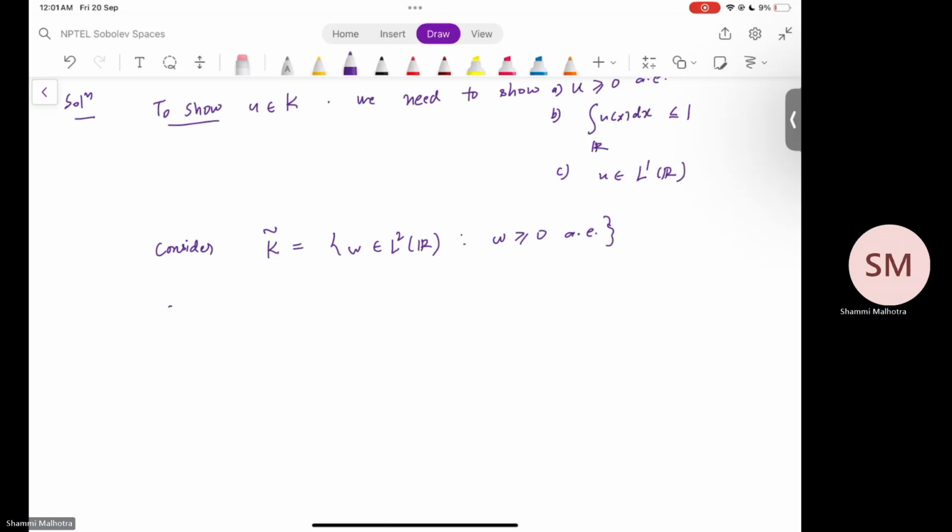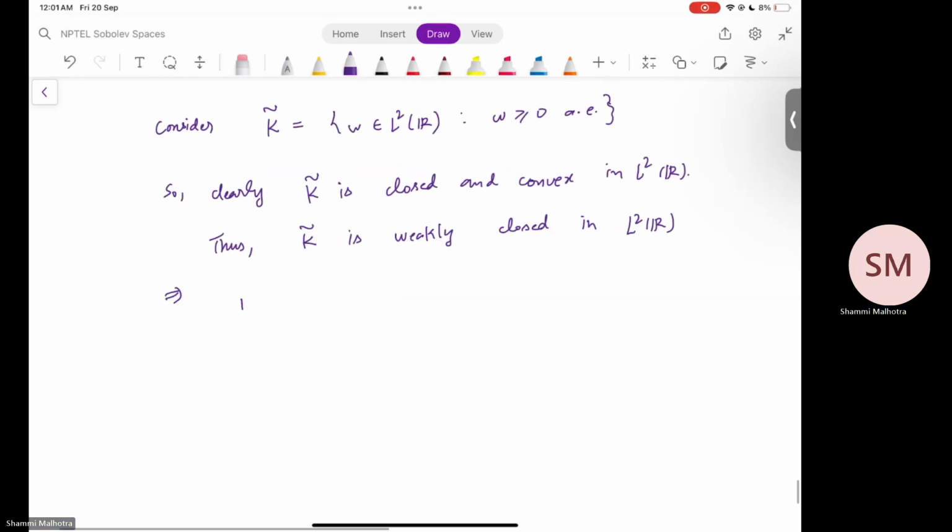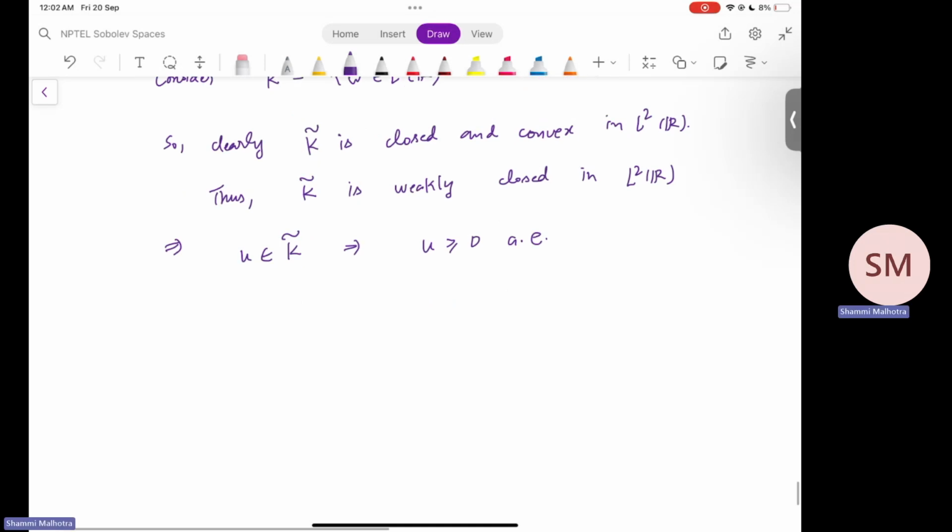So clearly K tilde is closed and convex in L2(R), and thus I can say that K tilde is weakly closed in L2(R). But this implies that u belongs to K tilde, and thus we have u is non-negative almost everywhere.